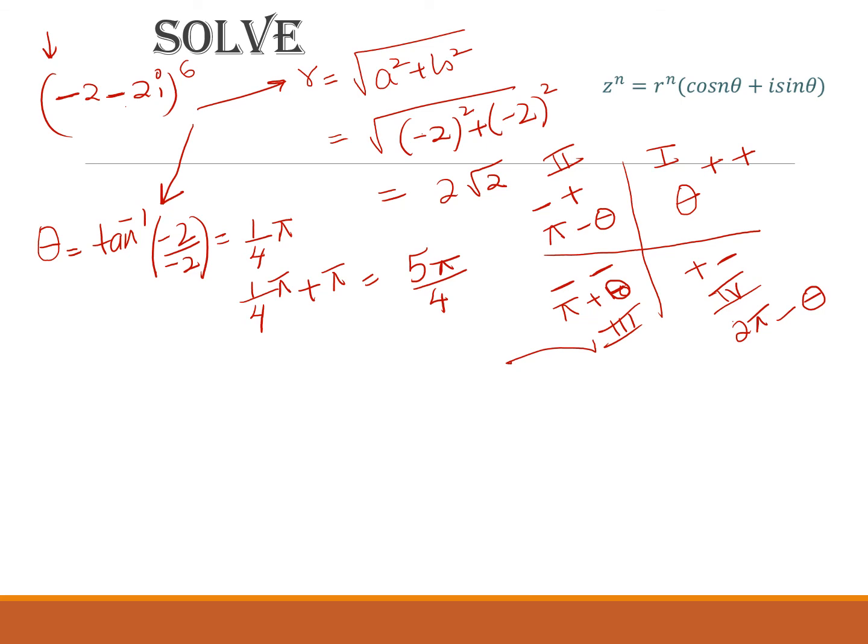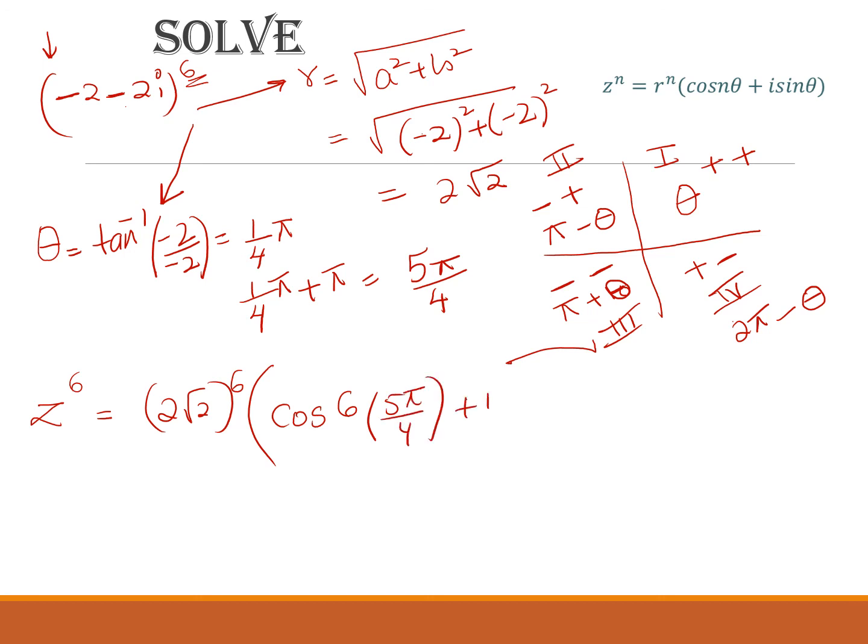Now once it is done, just apply de Moivre's theorem, according to which, if you have z to the power, in your scenario, the power is 6. So it is equal to R, which is 2 square root 2, whole to the power 6, then cos of n, which is 6, times theta, 5 pi by 4, plus iota sine of 6 times 5 pi by 4.